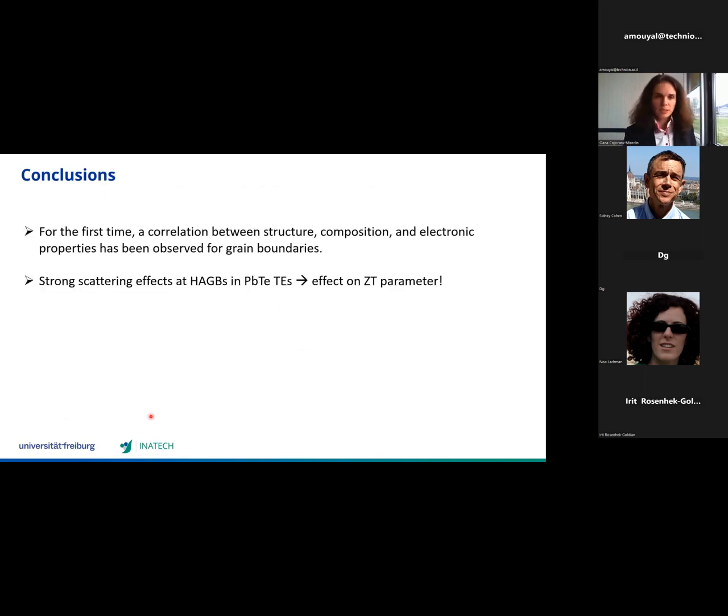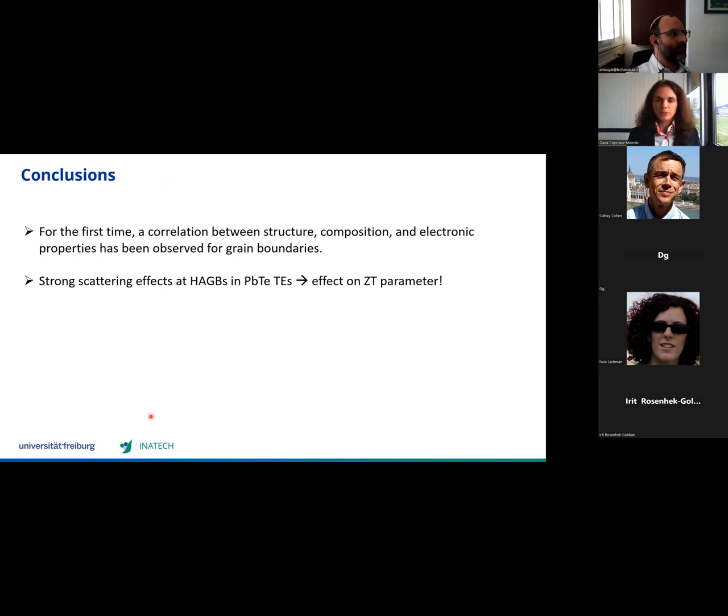So with that, I would like to conclude my talk. So I hope that this talk opened the vision about atom probe tomography and what can be done with it, that by combining the atom probe with other microscopy techniques, we can obtain a very nice correlation between the structure, composition, and the electronic properties.